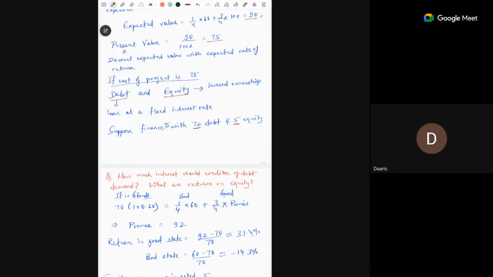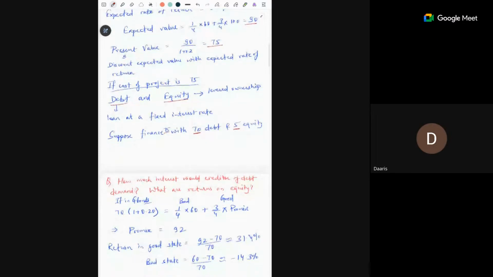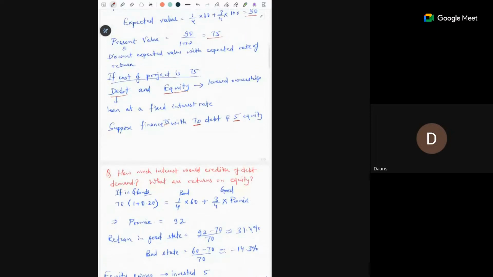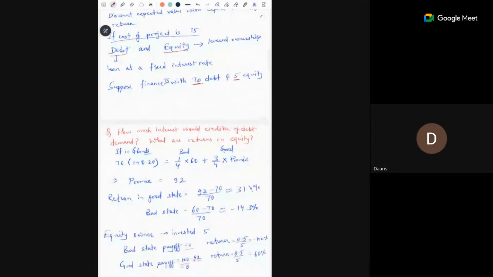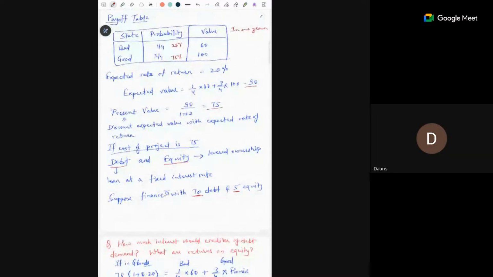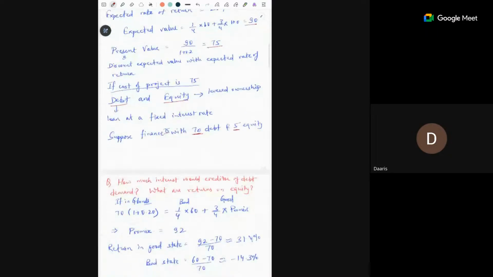Whatever amount is promised to the debt owner will be paid first, out of whatever value comes from this project, and later the equity owners will be paid. So the debt present value is 70. How much should the debt creditor charge in this situation when there are two possible states, good and bad?